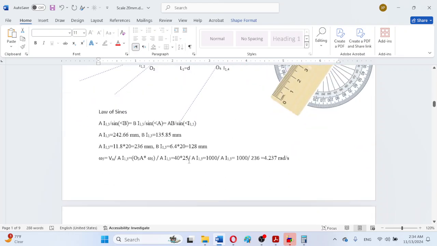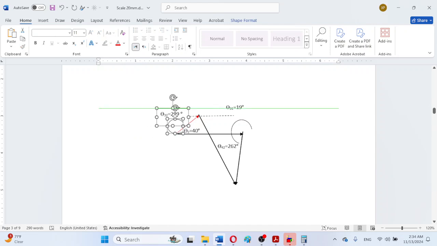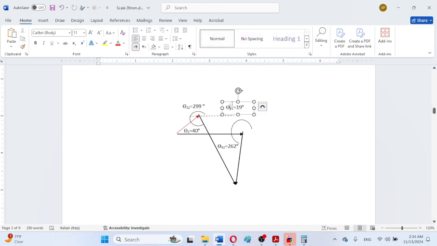That will be easier. Here, just copy paste the whole thing here. Like this. So in this way, the necessary angles have been calculated.